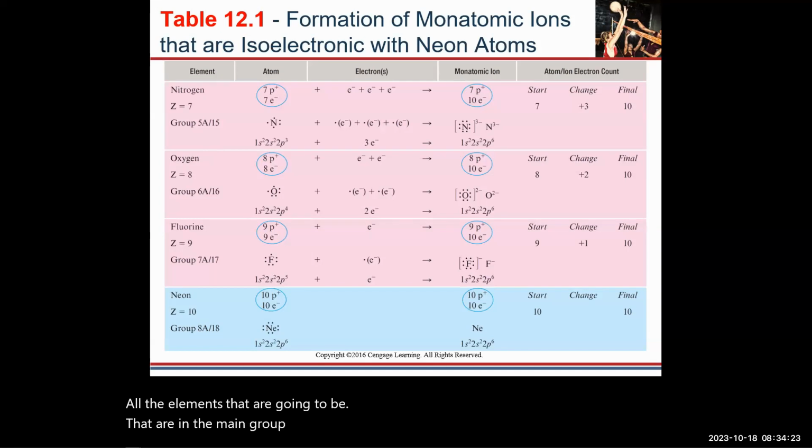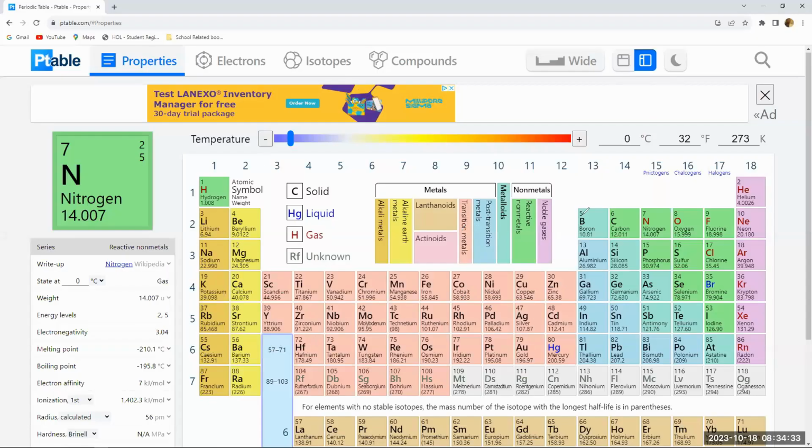Let's go back to the periodic table. So all the elements that are in the main group, so that's going to be groups 13 to 18, and then 1 and 2, right? All of these guys are going to try to obey the octet rule, meaning that they're all going to try to be like noble gases when they form ions, right?